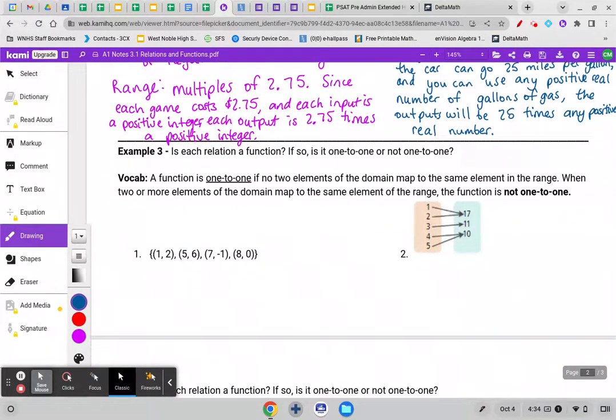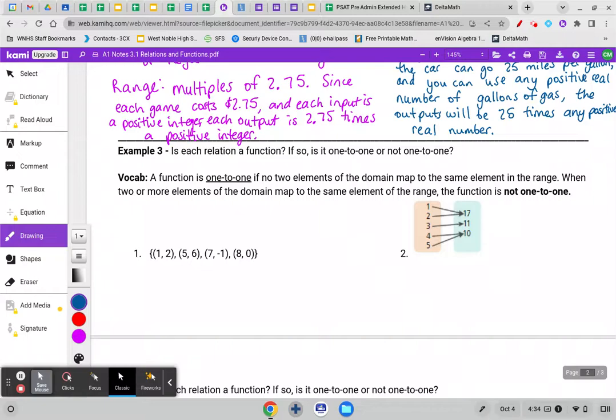So a function is called one-to-one if no two elements of the domain map to the same element of the range. Okay, so if no two x values map to the same y value. When two or more elements of the domain map to the elements of the range, the function is not one-to-one.